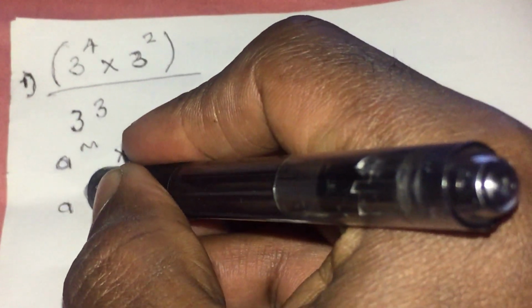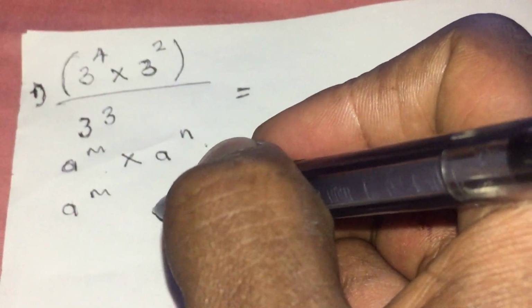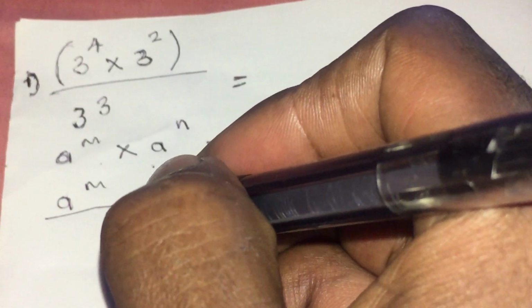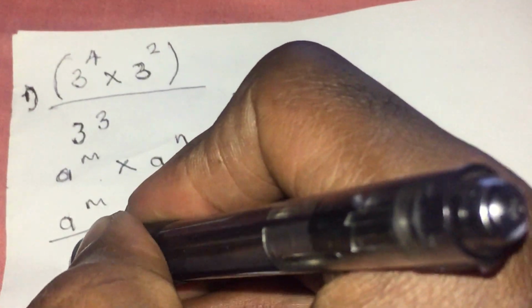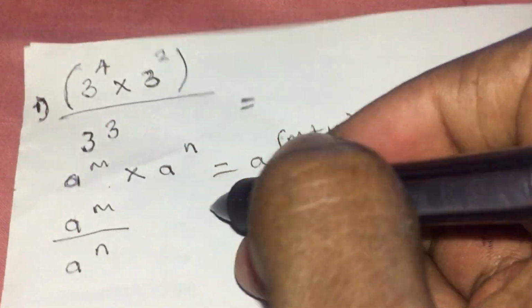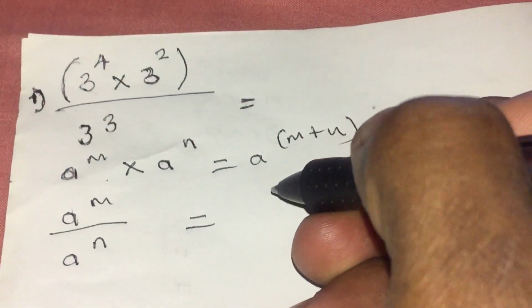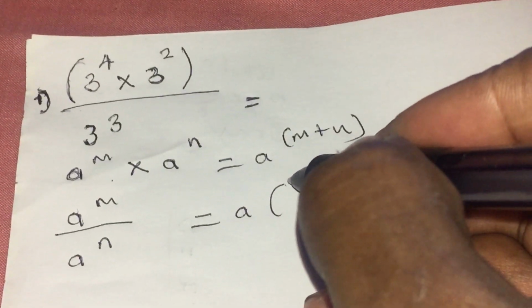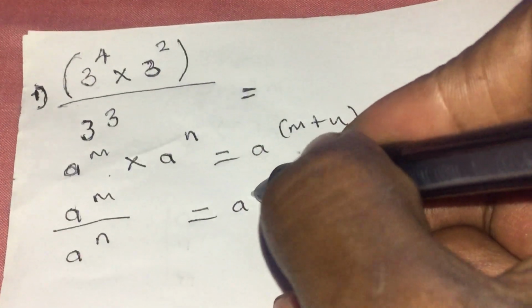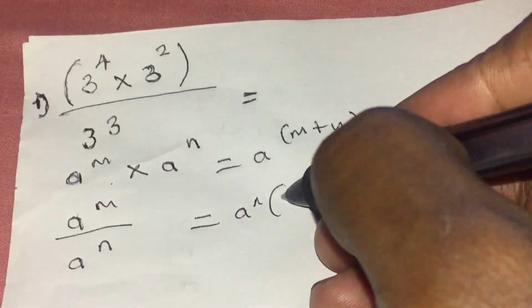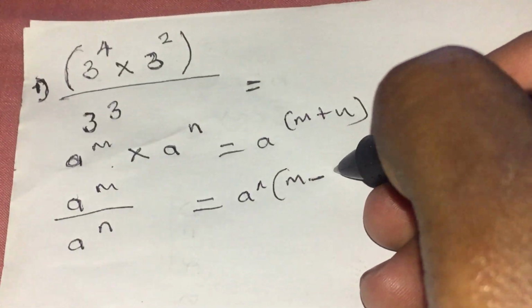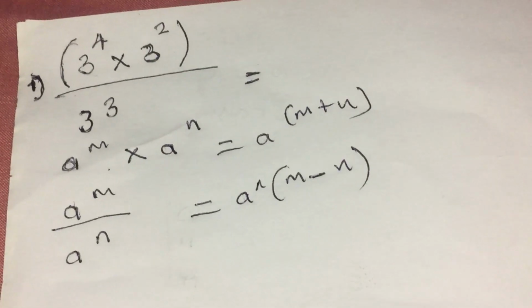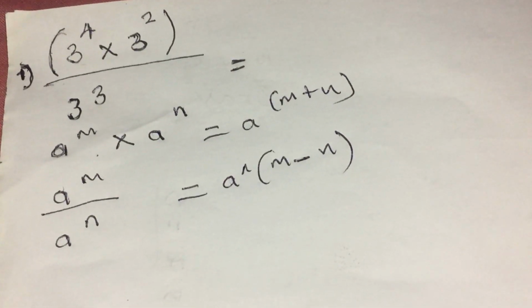When we divide two numbers with the same base, we subtract their exponents. That is, a power m divided by a power n is equal to a power (m minus n). So that's it.